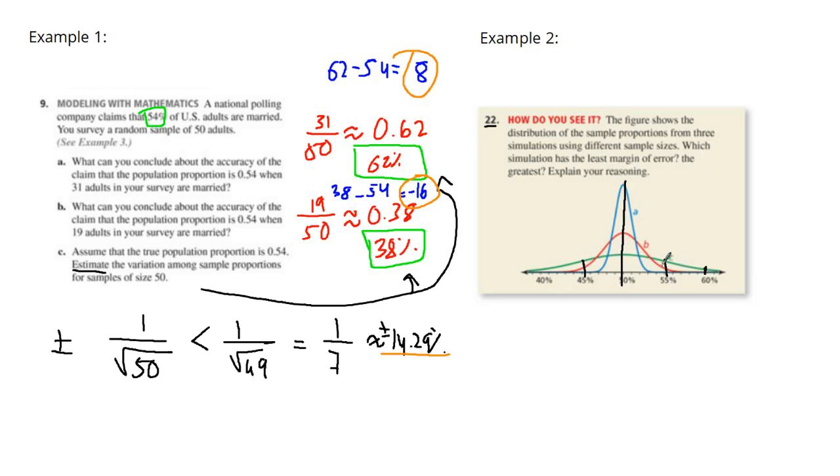So C has the highest standard deviation, therefore C has the highest margin of error, and then we have B, and then A is the lowest, right? So sometimes you can just look at the graph and know which has the biggest margin of error. And because A does not have a big margin of error, I'm guessing that A has the biggest sample size, B has the middle, and C has the lowest.